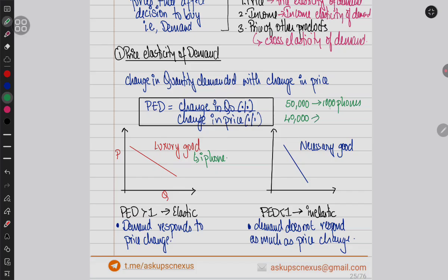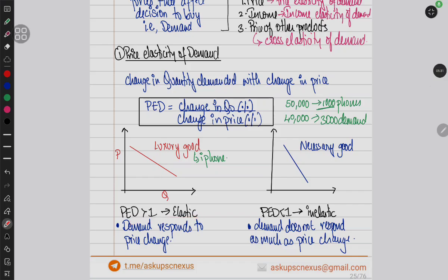At that time the demand which was usually 1,000 leads to 3,000 demand, right? So there is more elasticity. Demand responds to the price change. When the price changes from 50,000 to 40,000, the demand also changes, right? So therefore this is elastic.